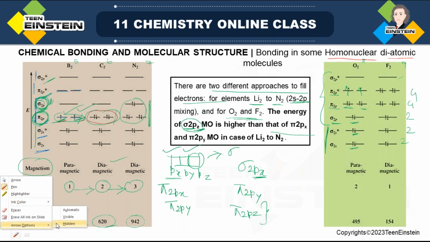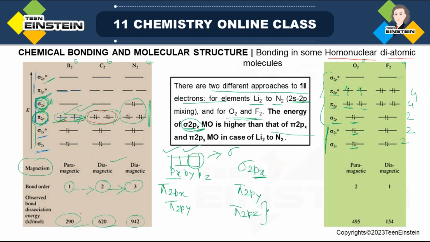In the case of O2 and F2, this sigma 2pz is lower compared to pi 2p.